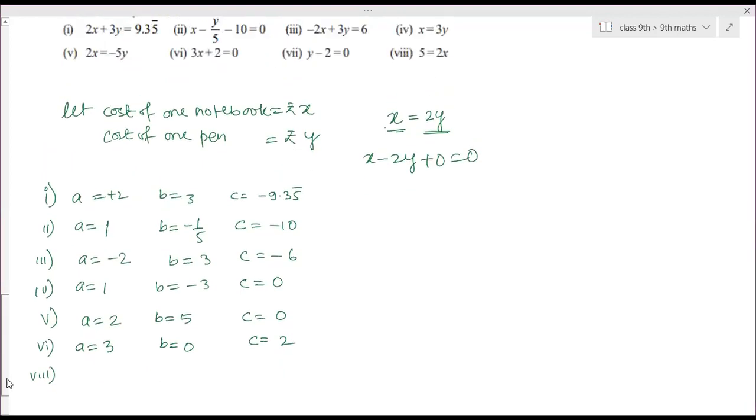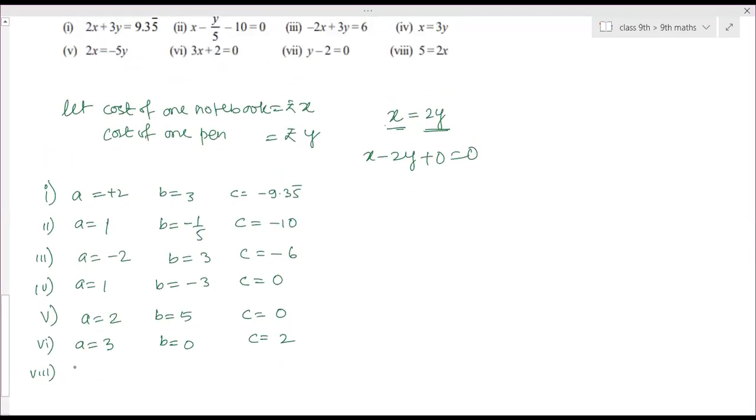Madhushri, eighth one. Ma'am, my A is equal to -2, B is equal to... A is equal to -2, how? Ma'am, because 2x comes beside 5, so it becomes -2.